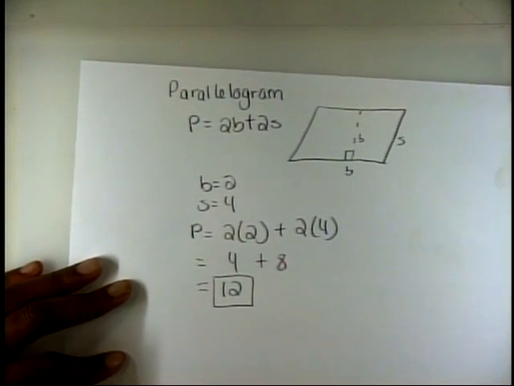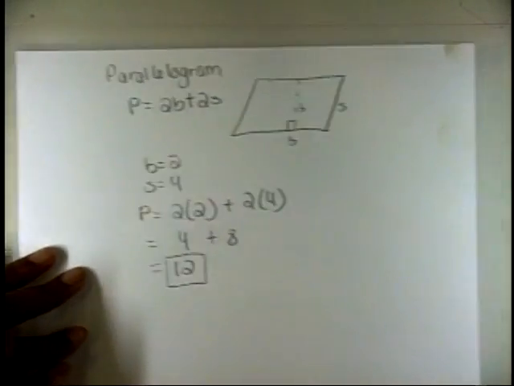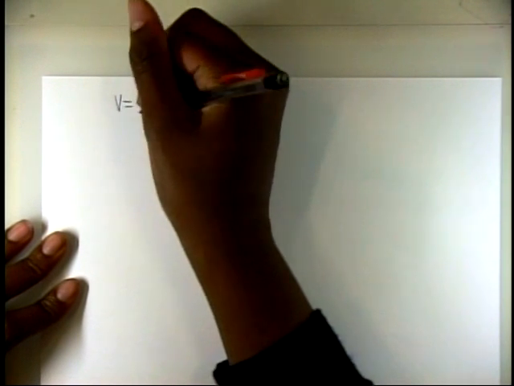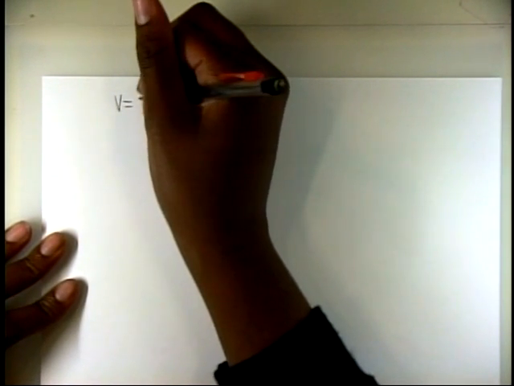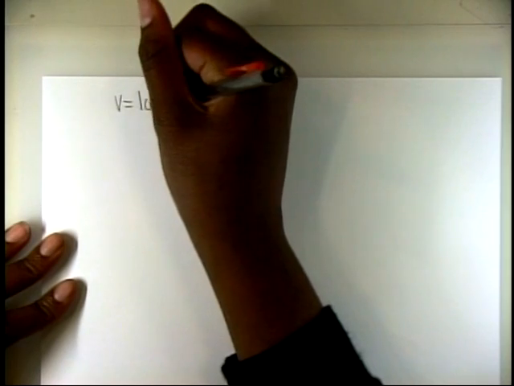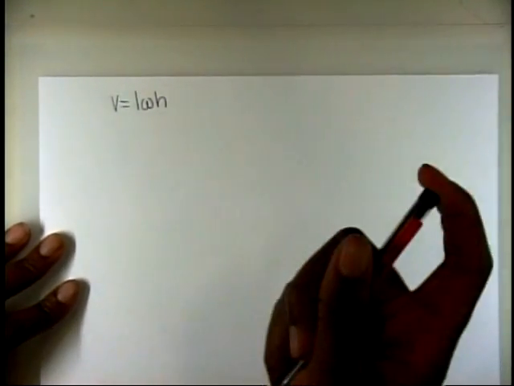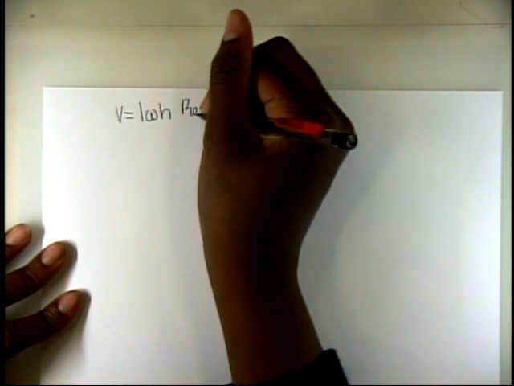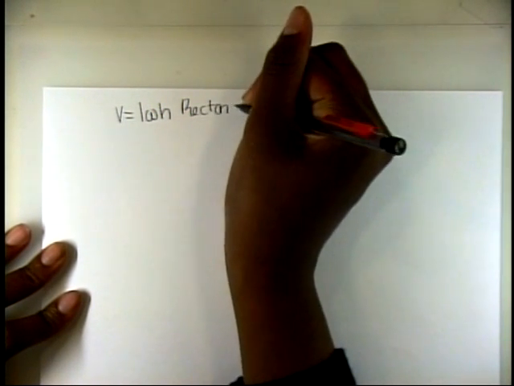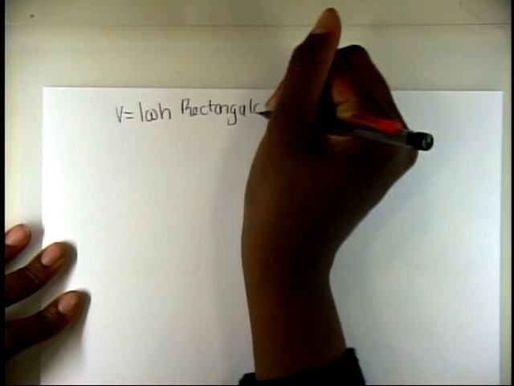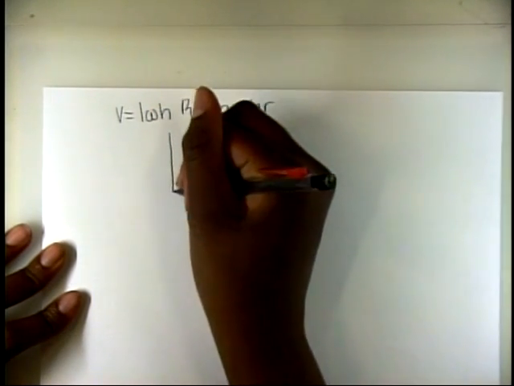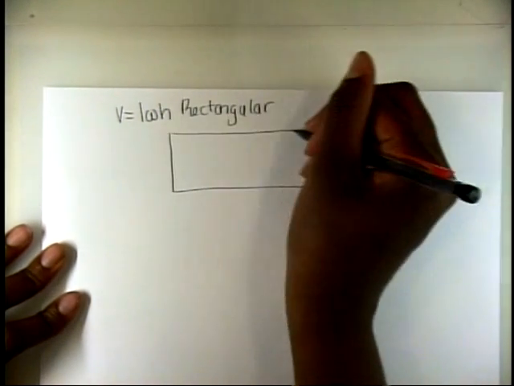Next, we will have the volume of a rectangle, which is known as length times width times height. As I draw this out, I will put a 3D image up for a rectangular.